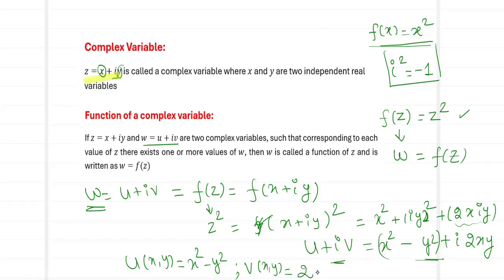So you will have this v of x comma y as 2xy. So my u, the real part of the function, is going to be x square minus y square, and the imaginary part of the function is nothing but 2xy. So this is how we can express a complex variable as a function.